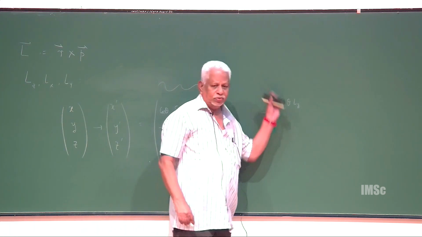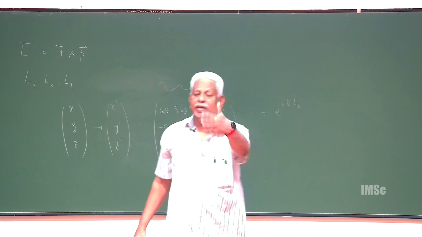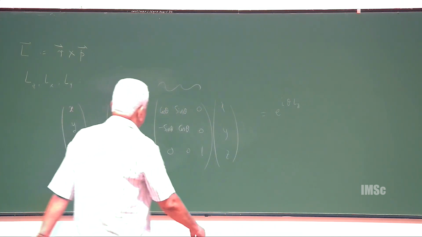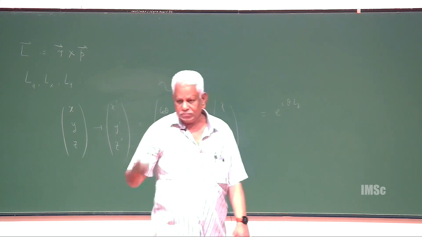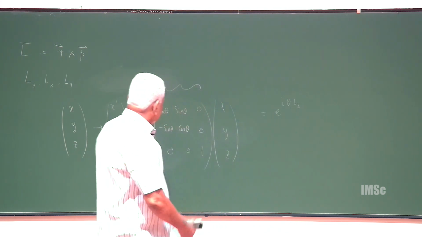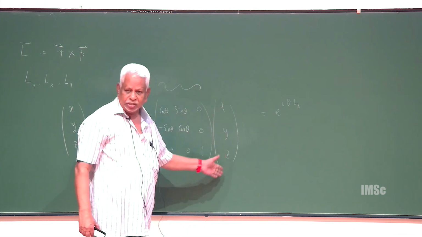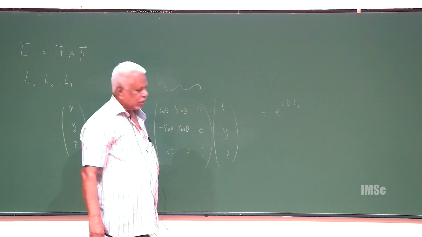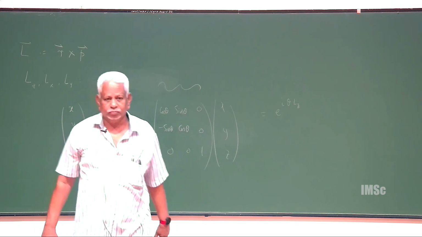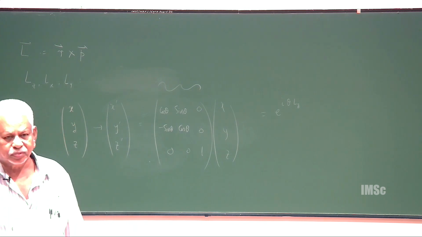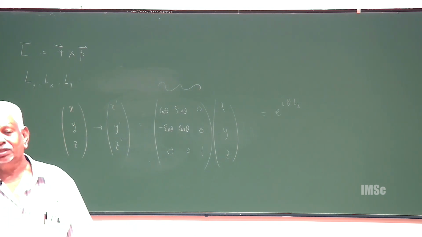If this thing is there, you can expand it. The first term will be 1, and that first term is simply the identity matrix multiplying x, y, z. What is the second term in that expansion of e to the power i theta Lz?